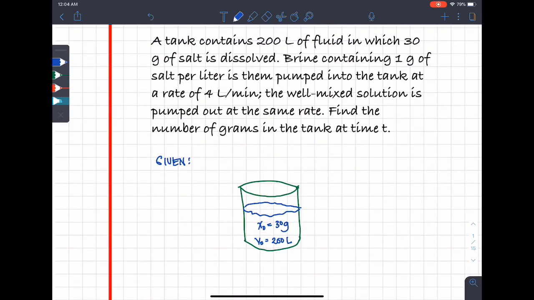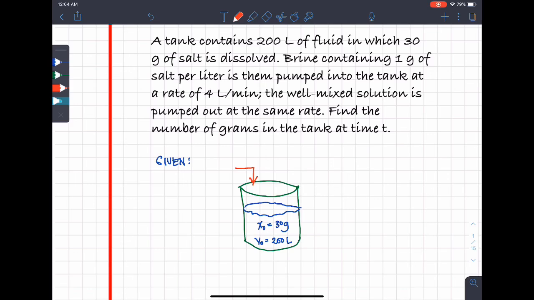And then a brine containing 1 gram of salt per liter is pumped into the tank. So something is flowing into the tank, and that is called the brine.